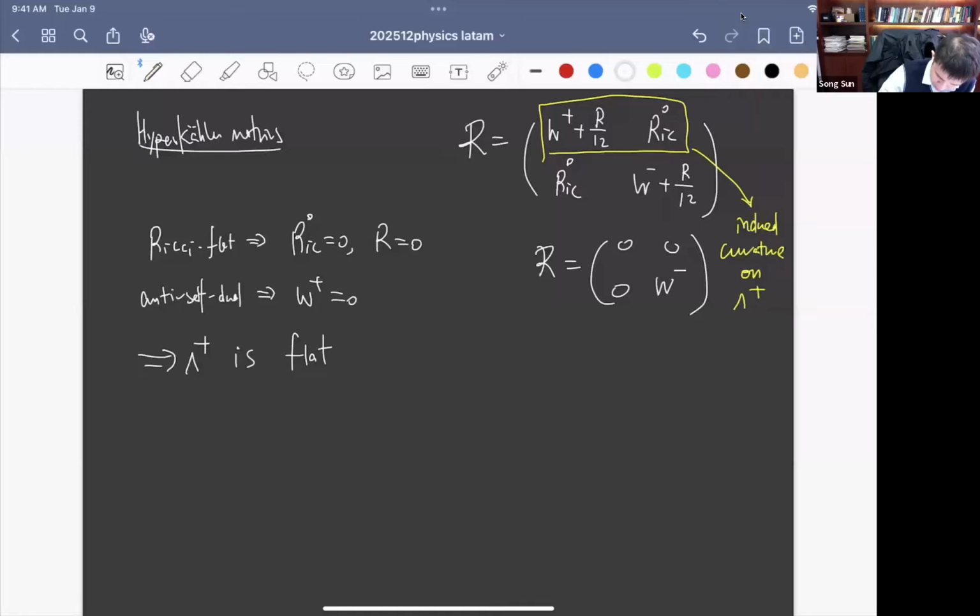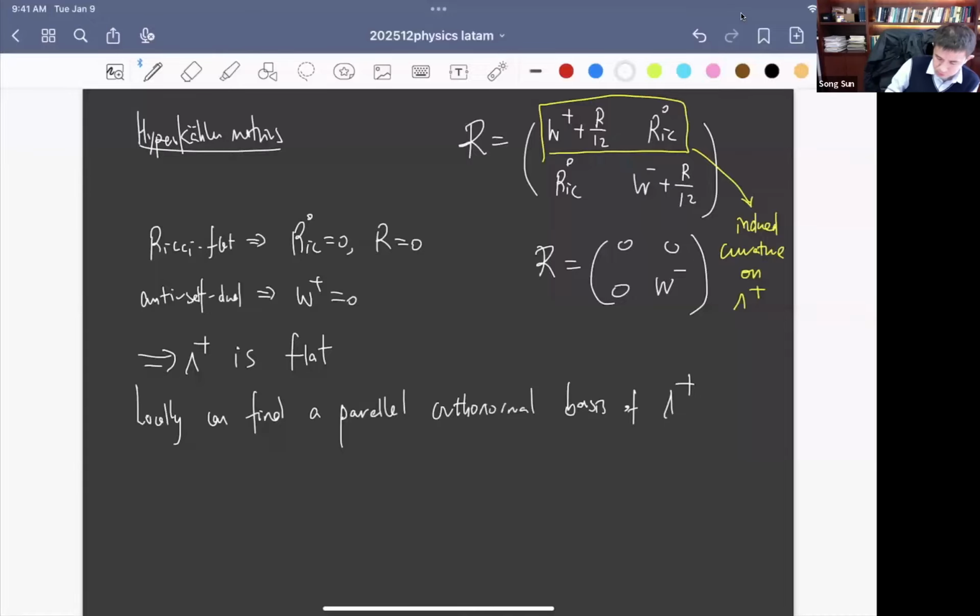So locally we can find a parallel trivialization, or a parallel orthonormal basis of lambda plus. And we can make it everywhere.